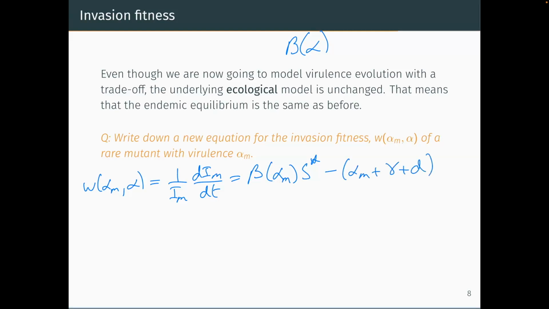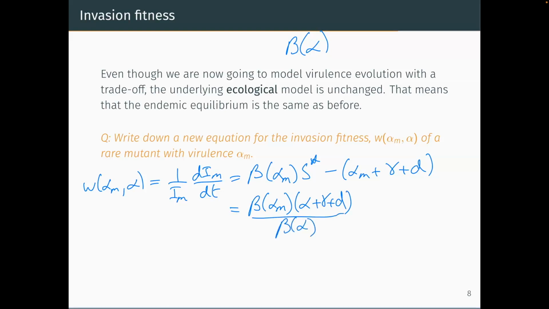And then we substitute in that S star, which is the same as before. So we'll have beta of alpha_m times (alpha plus gamma plus d), the reason being that this S star is determined by our resident trait, which is alpha, not alpha_m, and we're dividing by beta of alpha again.